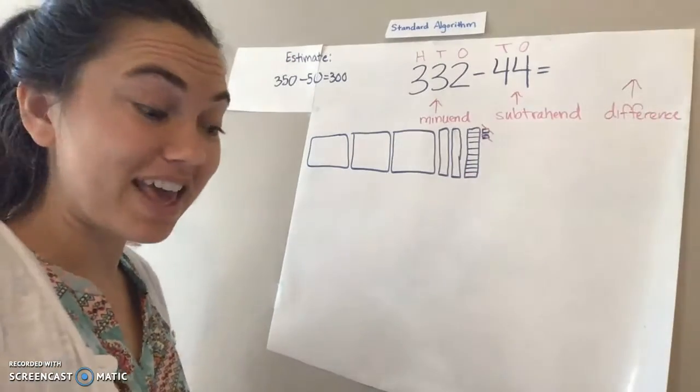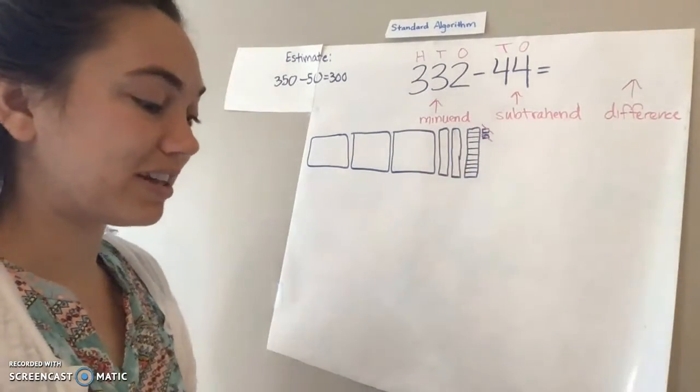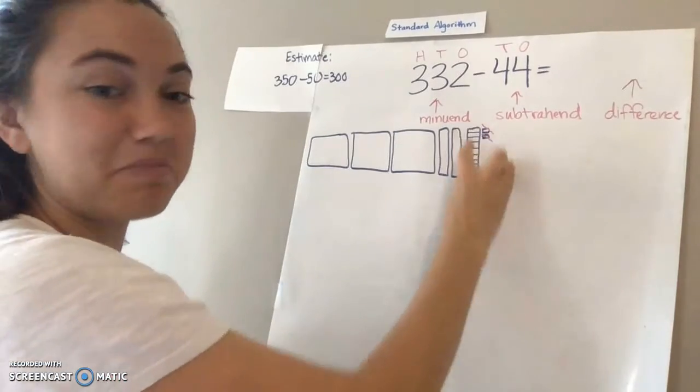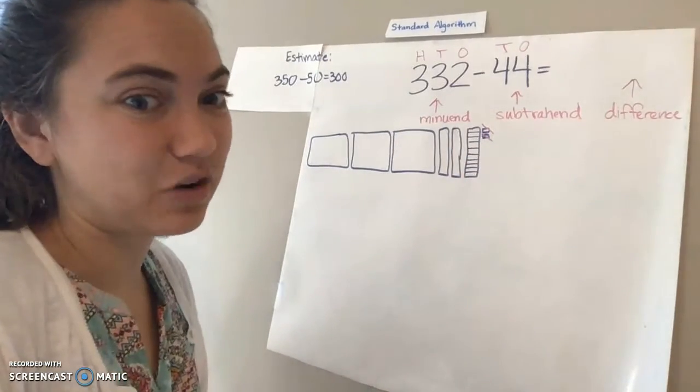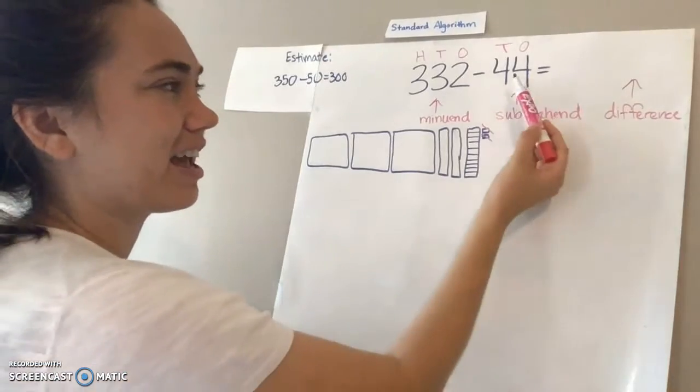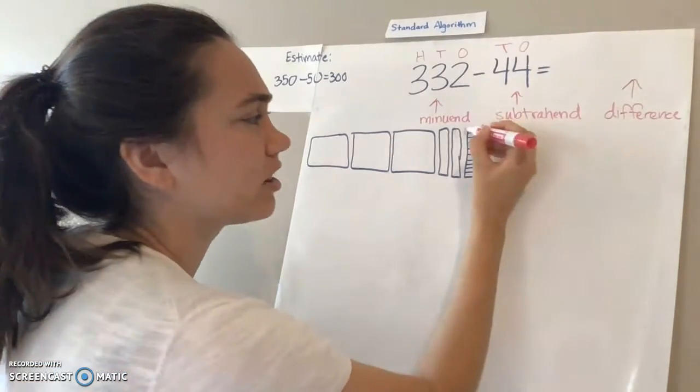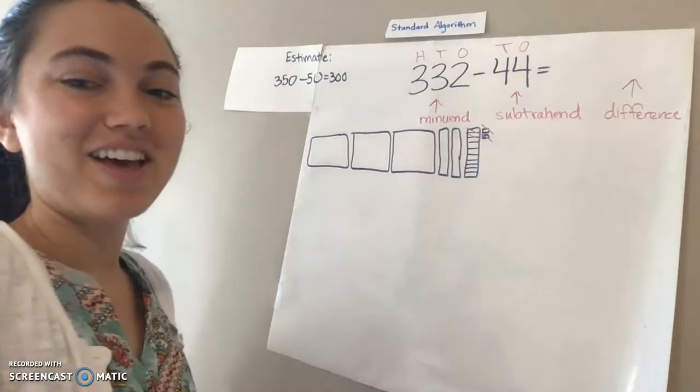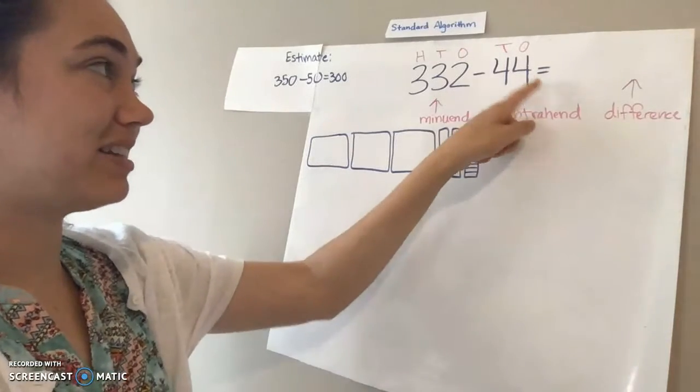Well, then maybe I can just cross out some of those ones. So I had to eliminate that tens rod and break it into ones to get how many ones? 1, 2, 3, 4. Okay, so now I've got my 4 ones.